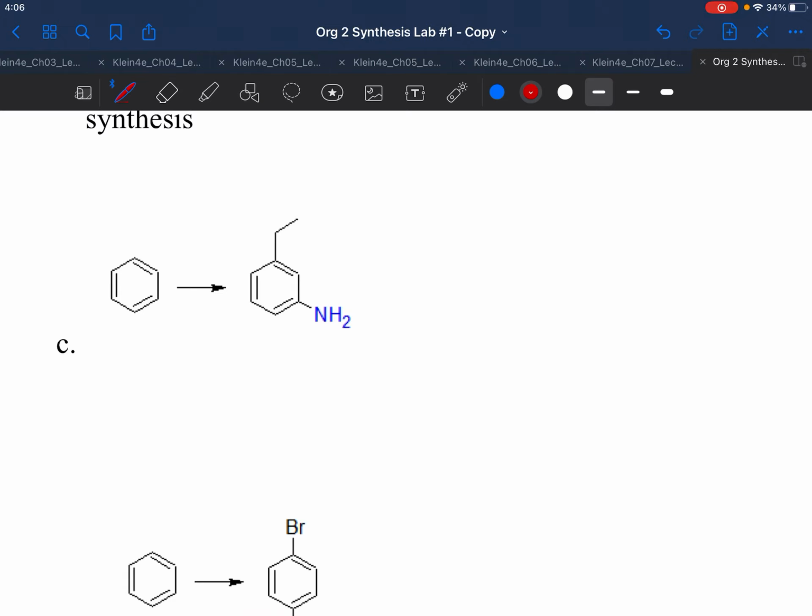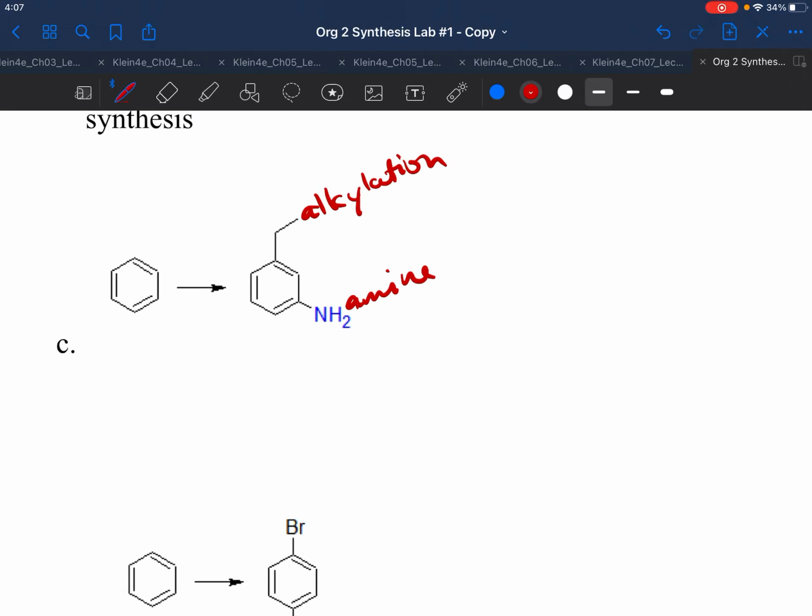Okay. We have to add 2 things to our ring. So we have to think about how to add an alkyl group. So we're doing an alkylation. And we're adding an amine. So hopefully you have finished your chapter 18 videos by now, at least up through, I think, the second to last part.